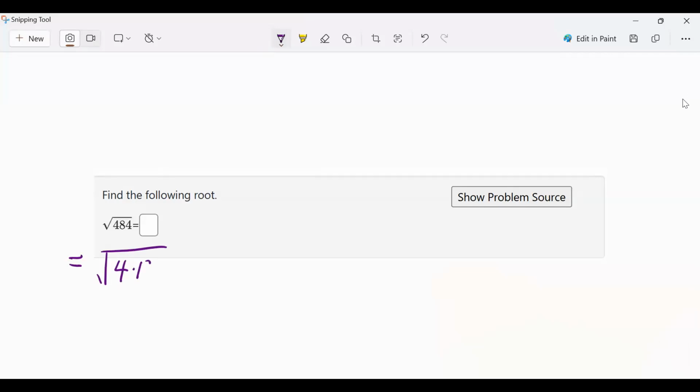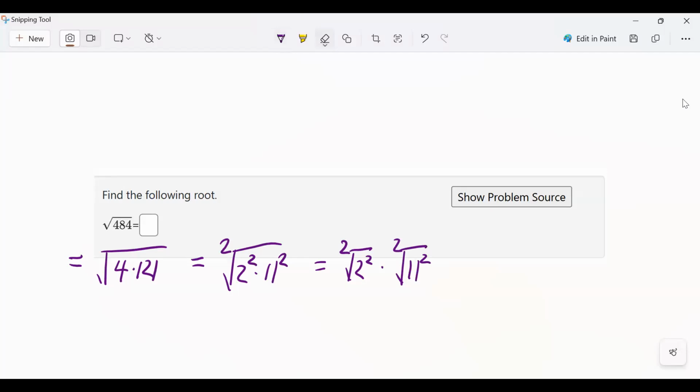So 4 times 121. That means it will be 2 squared and 11 squared. So the square root of 2 squared, you can split up as the square root of 2 squared and then the square root of 11 squared. That way we can simplify this. By default, we usually don't write the 2; we omit it. So 2 times 11, that will be 22.